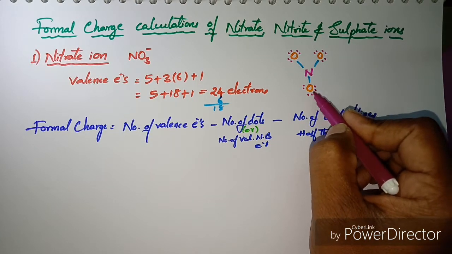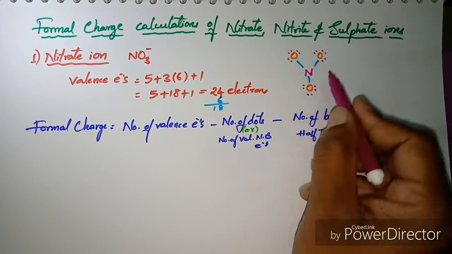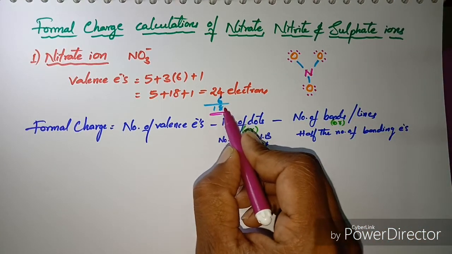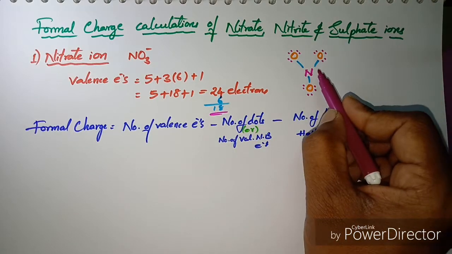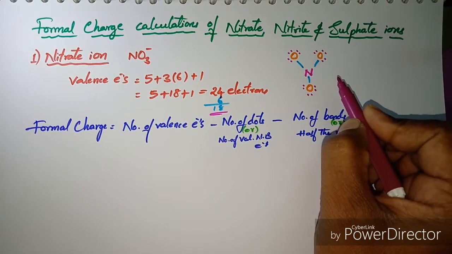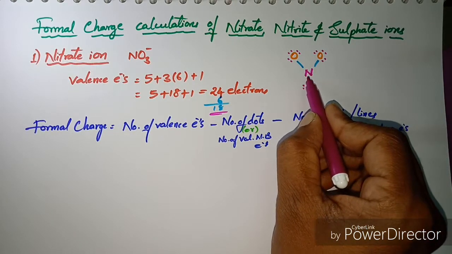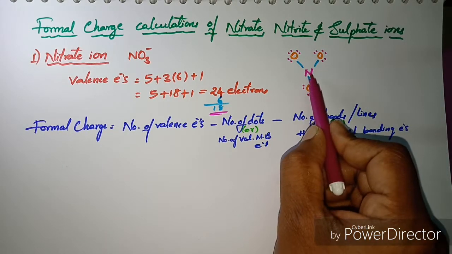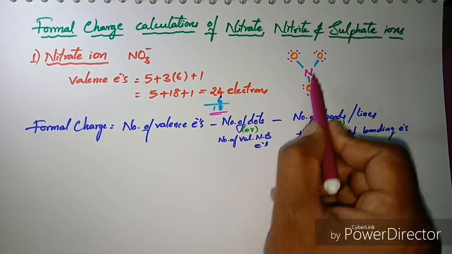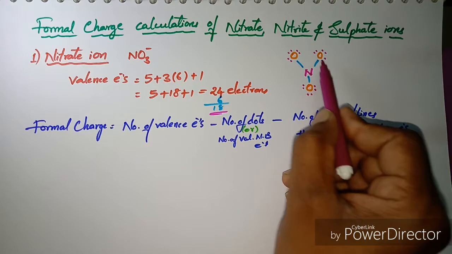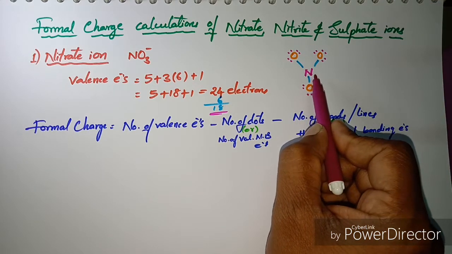Now check how many electrons we have utilized here. 6, 6 and 6, 18. So we have completely utilized the electrons and there are no more electrons to assign for the nitrogen atom. Next we have to check the octet configuration of nitrogen. Did it achieve octet configuration? It is surrounded by 3 bonds, that means 3 bond pairs, that is only 6 electrons.